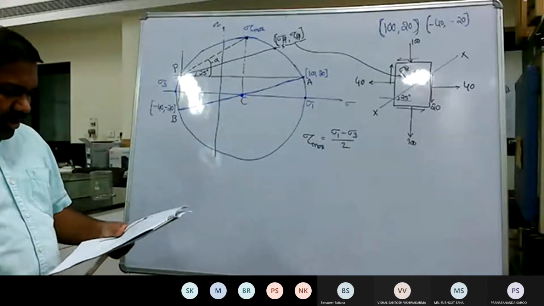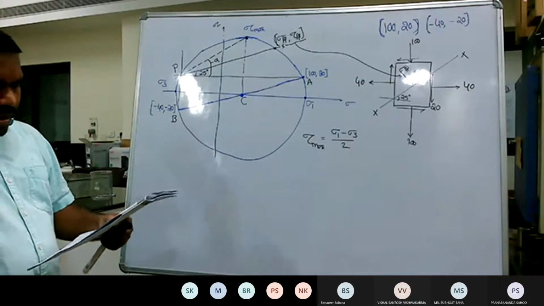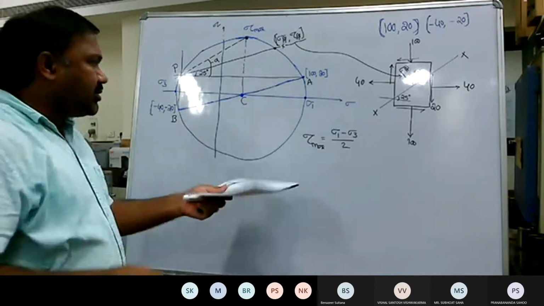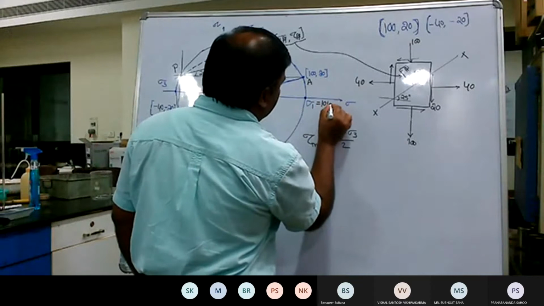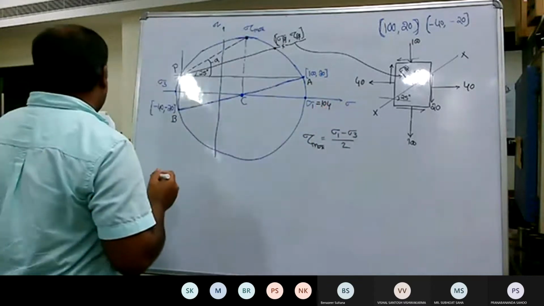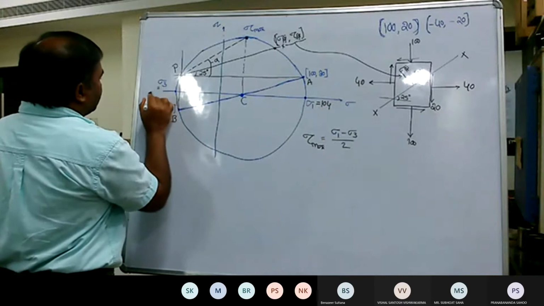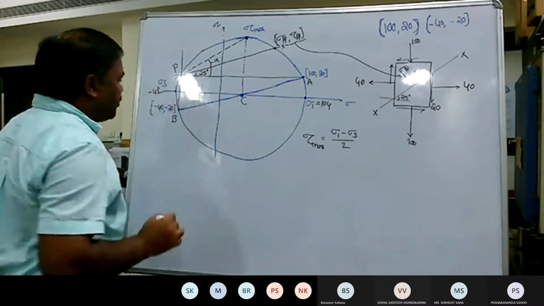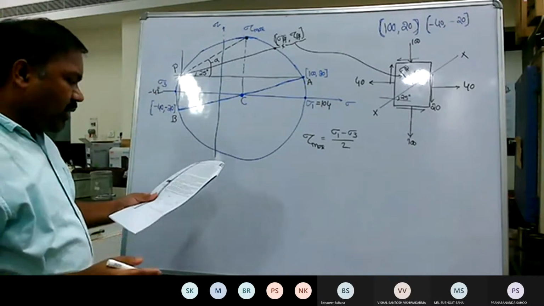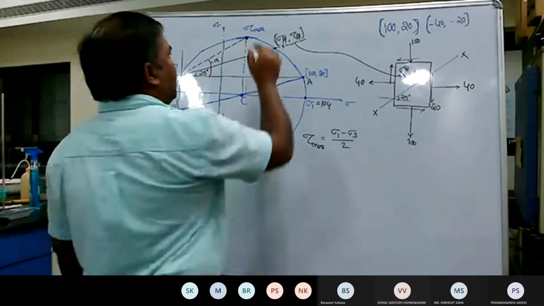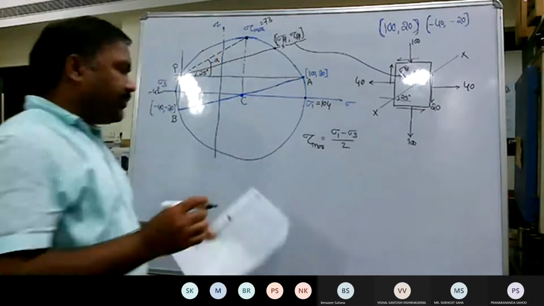So the answer is: sigma 1 is 104. Just check it. This is 104, and sigma 3 is minus 42. The maximum shear stress tau max is 73 kilopascal.